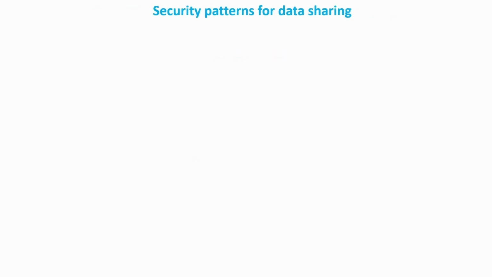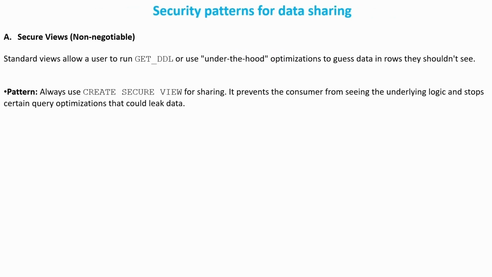Next is security patterns for data sharing. First pattern is secure views, and this is non-negotiable, guys. Whenever you are sharing the data, you need to ensure that you are only creating secure views. Standard views allow a user to run the DDL function and they can literally know what is happening under the hood. But secure views eliminate this, and they don't let the consumer see your DDL.